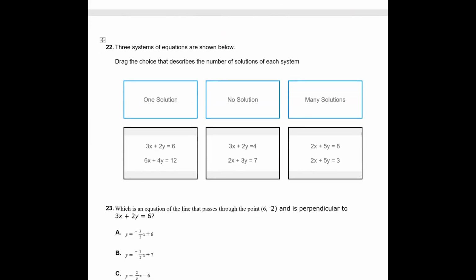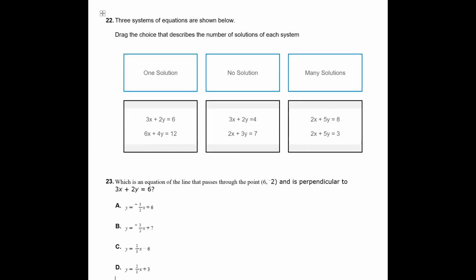Three systems of equations are shown below. Drag the choice. All right, so one solution means that we have a different slope, because if we have a different slope, the lines will eventually cross. No solution means that we have the same slope but different y-intercepts.